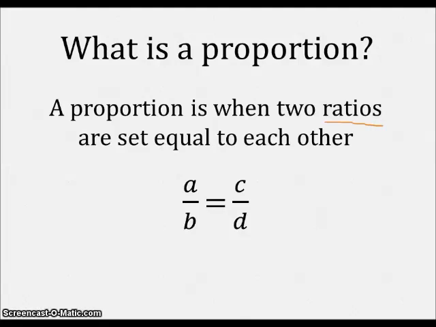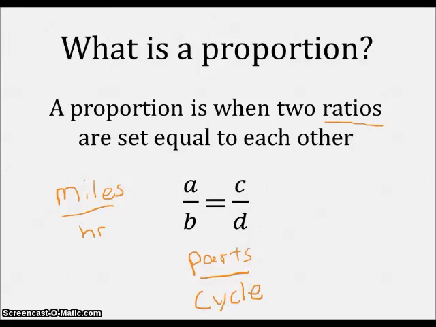So A over B could represent the number of miles per hour that a car travels, or the C over D ratio could be the parts in a plant that are made per cycle of the machine. So it's just the relationship of two numbers.